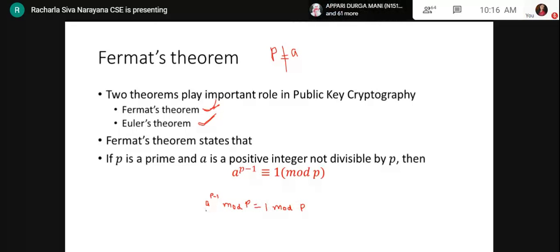So here the remainder is 1 and here also the remainder is 1. So this is Fermat's theorem, and only when A is not divisible by P is this theorem true.